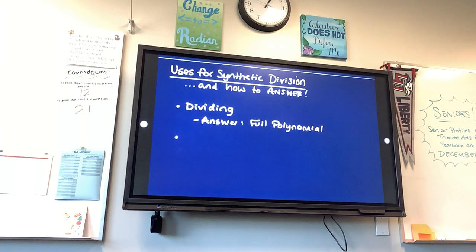The second one is called the remainder theorem. I'm going to go ahead and introduce that title. The remainder theorem is finding f at a, and I'm putting a in there because a is representing some number. You're finding a function value, f at something.